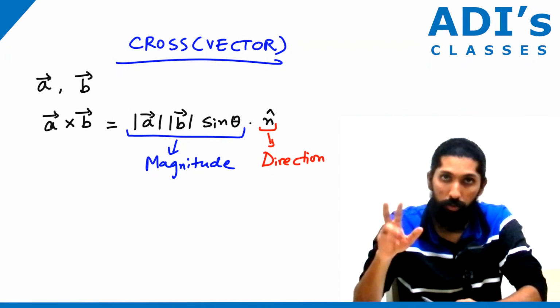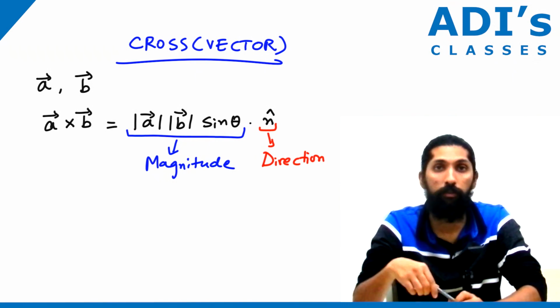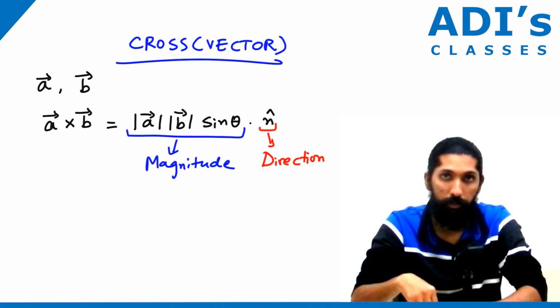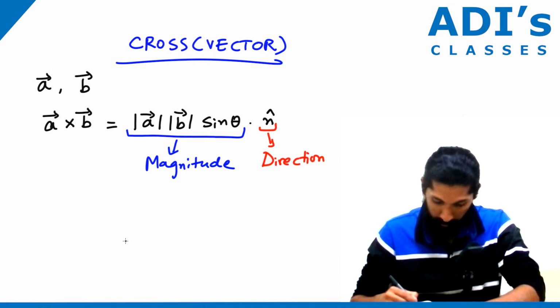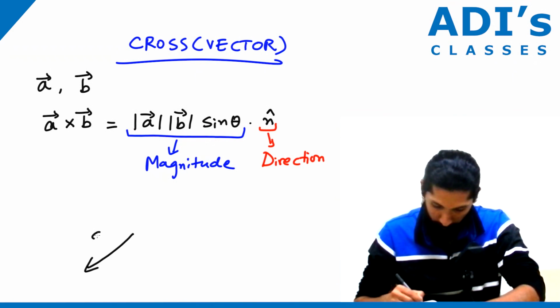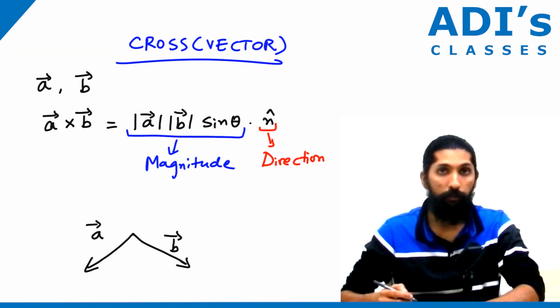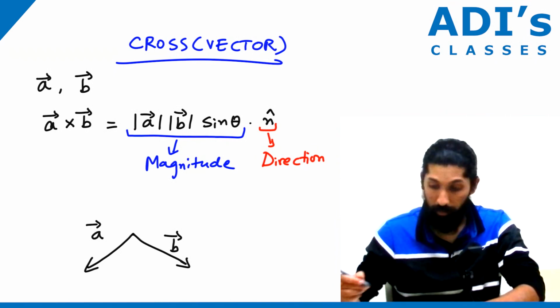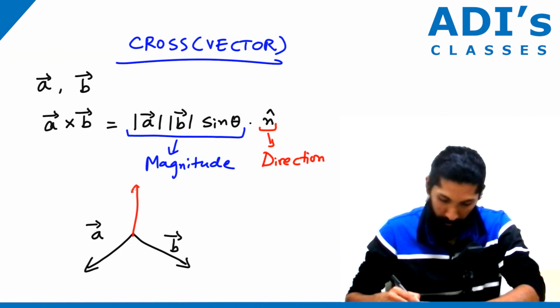So these two rules help us know the direction of the cross product, that is A cross B. Suppose this is vector A, and assume that this is vector B. Now remember, we are going from A to B, correct? The resultant is going to be in this particular direction.